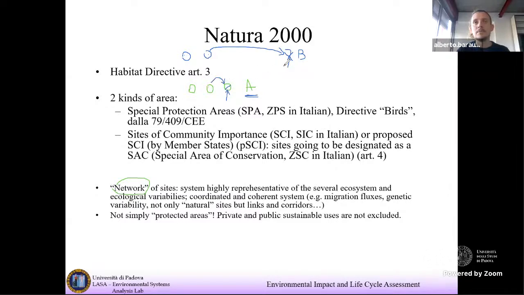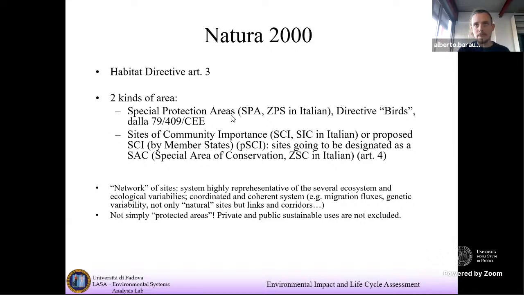So configuration B is less resilient. And this is why we think of Natura 2000 as a network. For example, very often rivers are Natura 2000 sites because they host important habitats and species, but also because they are ecological corridors. They represent places through which species can migrate, disperse and colonize other areas.